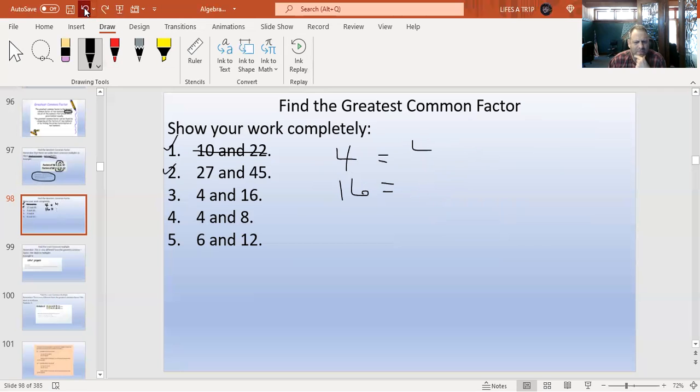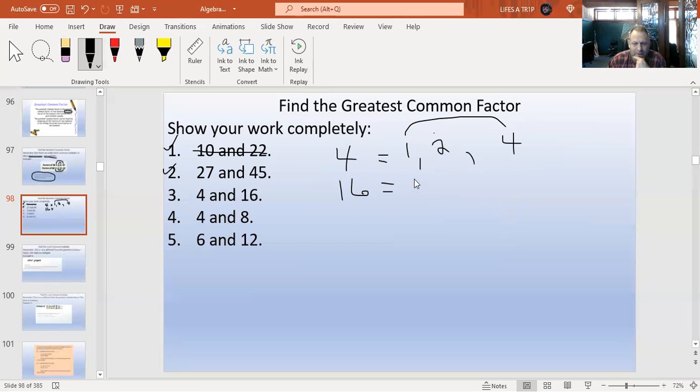All right, 1 and 4 and 2, and that's it. So 1 times 4 and 2 times 2. All right, so that would be 4.